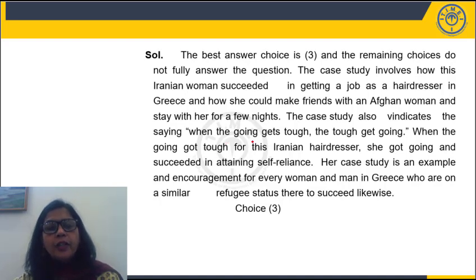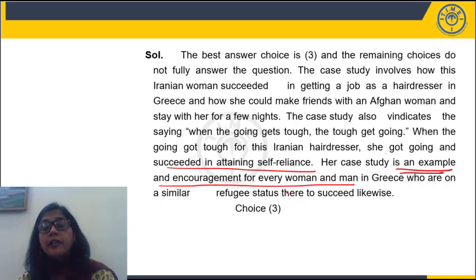So when the going got tough for this Iranian hairdresser, she got going and succeeded in attaining self-reliance. Her case study is an example and encouragement for every woman and man in Greece who are on a similar refugee status. That yes, there is life, there is hope for you, and you can also succeed.